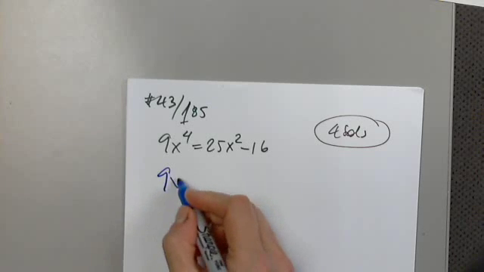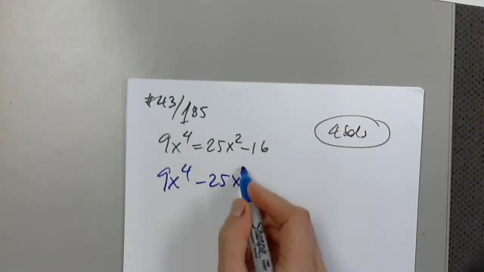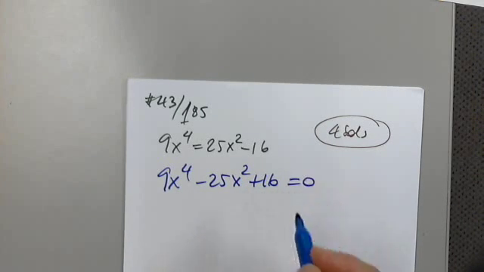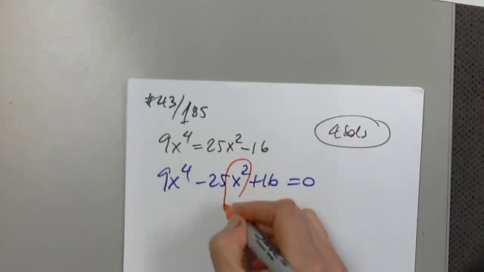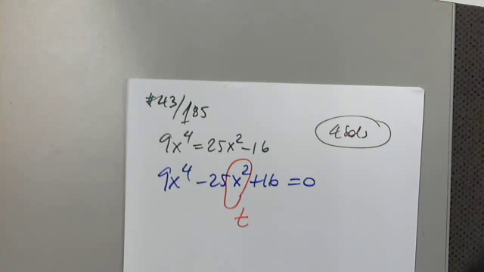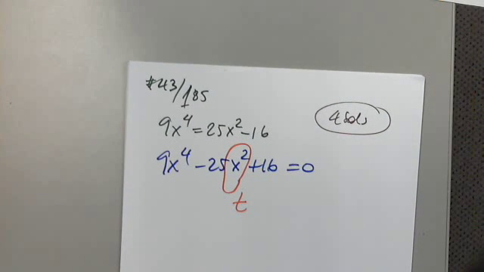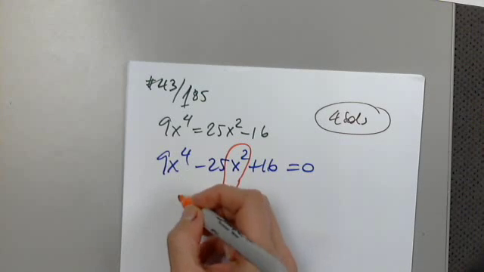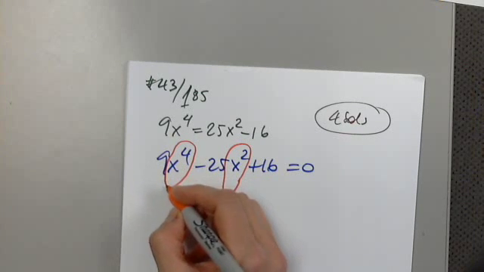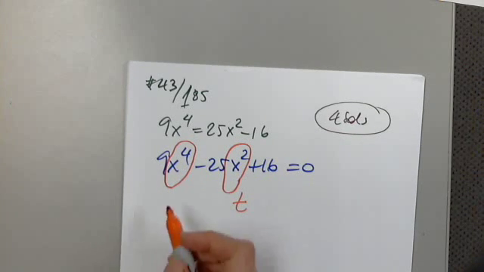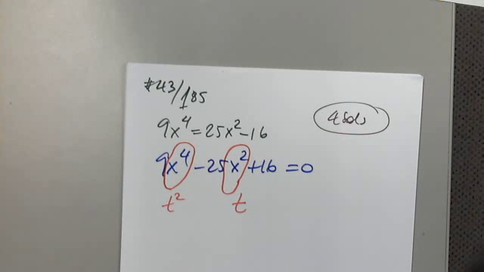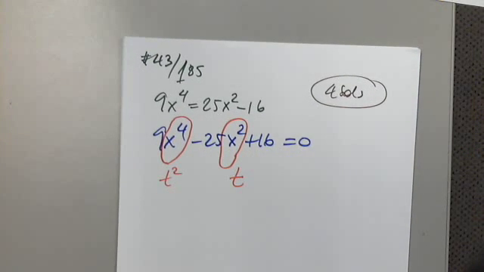Yes. 9x to the fourth minus 25x squared plus 16 equals 0. Very good. Move everything to one side, have 0 on the other. Perfect. Then? Good. Awesome. If we denote x squared by t, we can only do this if, yes, if it's not t squared, we cannot proceed with this method.